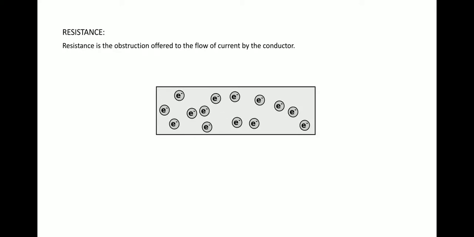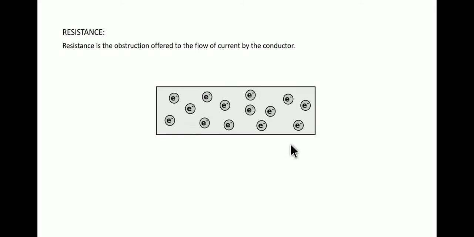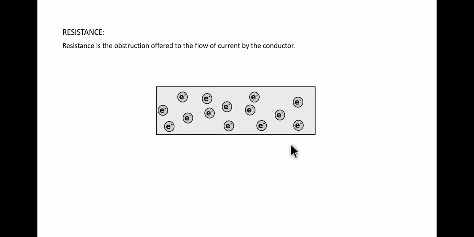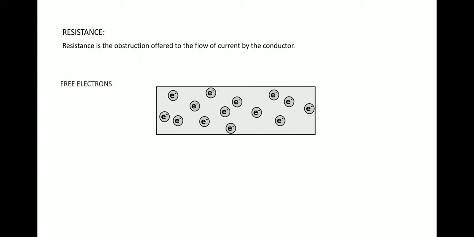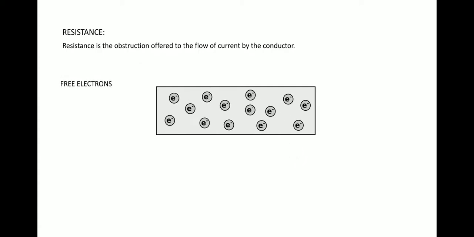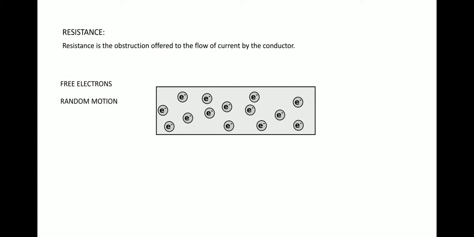So what is resistance actually? Resistance is actually the obstruction offered to the flow of current by the conductor. If there is a conductor, here you can see the electrons are moving randomly, because these are the free electrons which exhibit random motion.